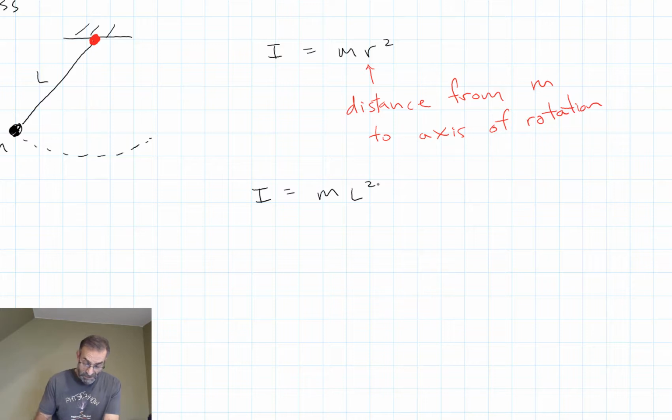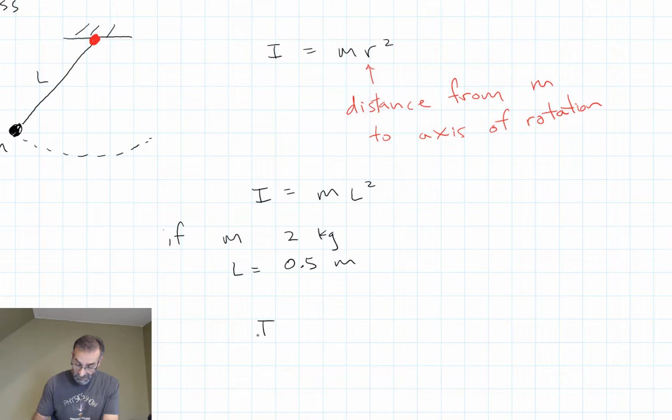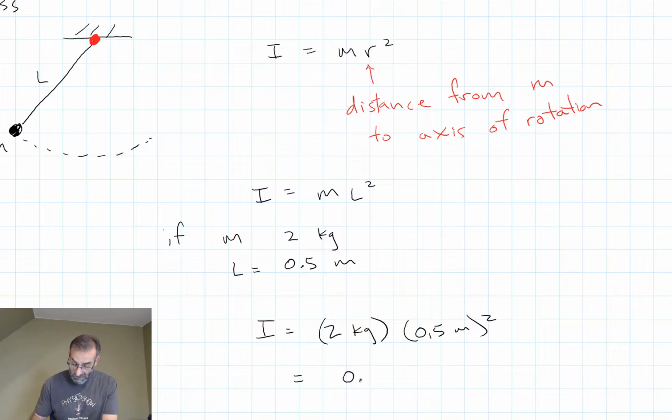And if we put some numbers in here, then we can solve for I. And we get 0.5 kilogram meters squared. Our units for rotational inertia are kilogram meters squared.